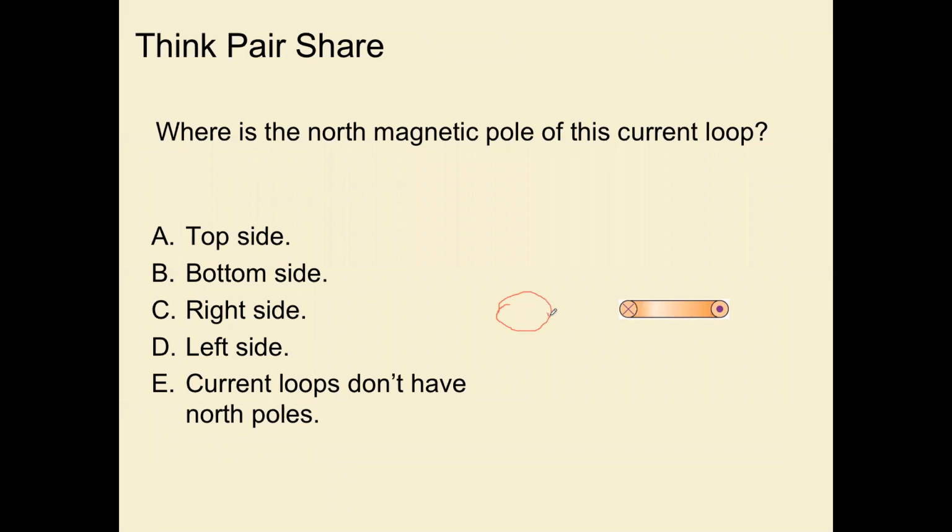So at this point, the current is out of the page. At this point, the current is into the page. If you put your finger in the direction of the current right here, out of the page, you will see that at this point this is the direction of the magnetic field.